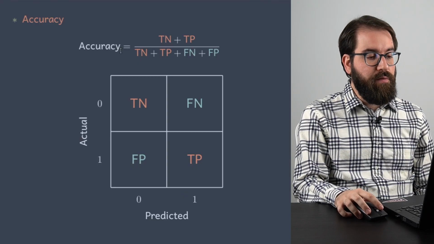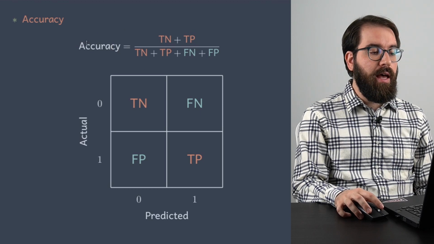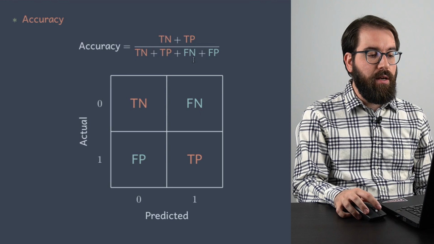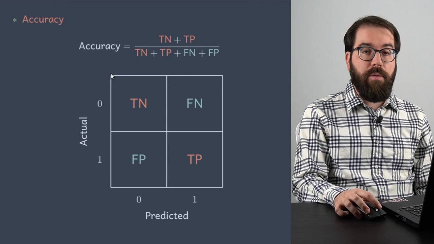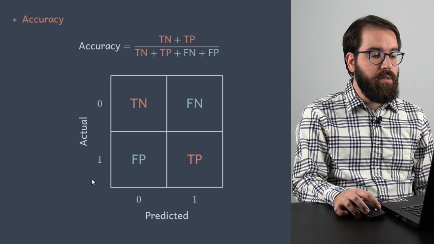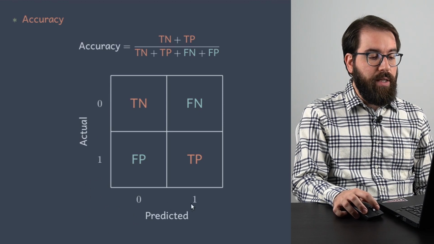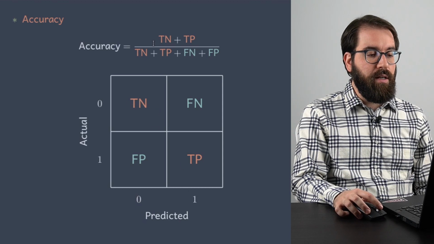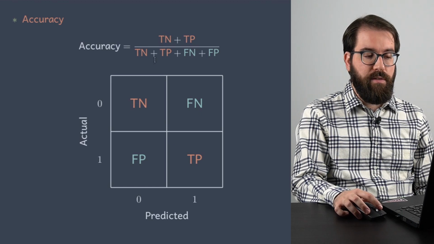The accuracy is defined by this formula, and I have highlighted different terms in different colors, in orange and also in cyan. If you remember, the confusion matrix is represented as this, with actuals on the vertical and predicted on the horizontal. In orange, you identify true negatives and true positives, which are highlighted in the same colors in the formula.